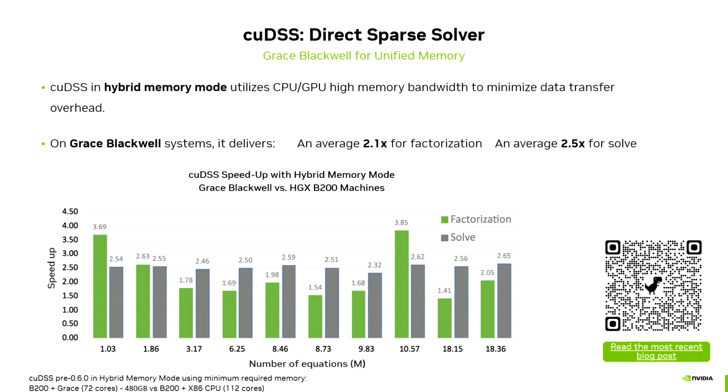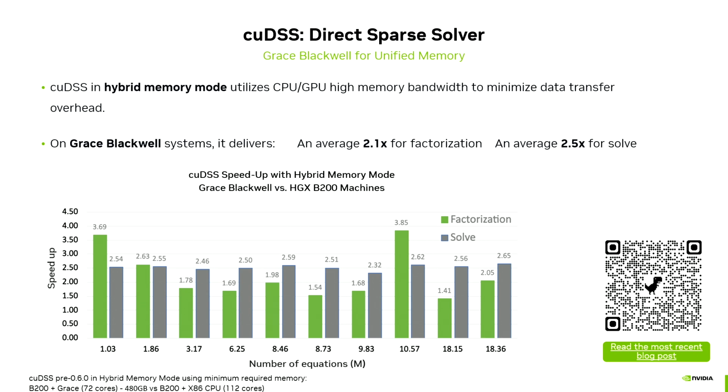Starting with the hybrid memory mode, this is the result of cuDSS running on hybrid memory using Grace memory as a shared memory pool. These results show the comparison of cuDSS versus cuDSS. In one case, cuDSS has run on GB systems using Grace as the memory, and in the other case, it has run on an x86 system.